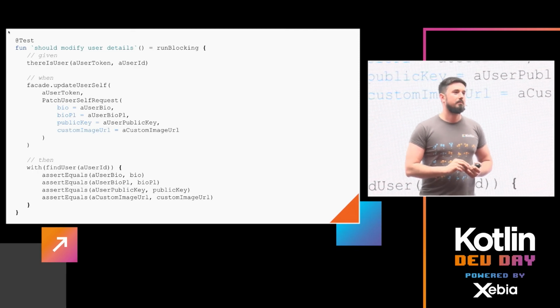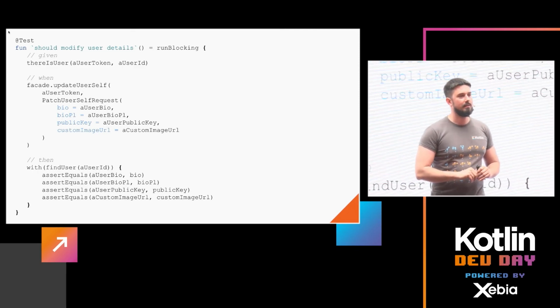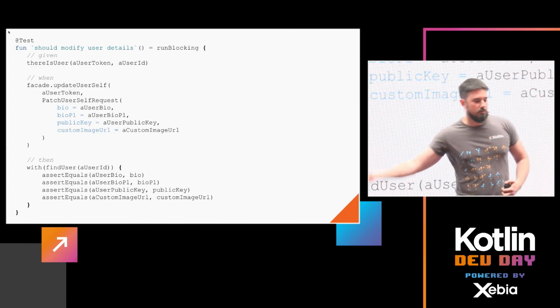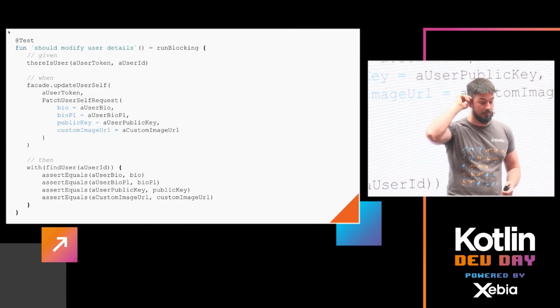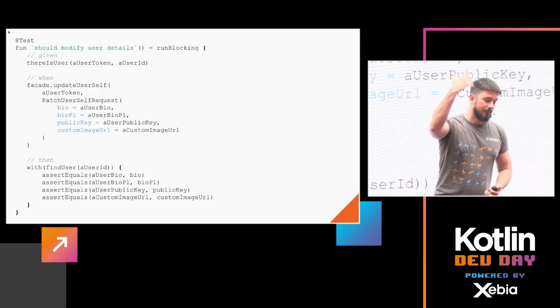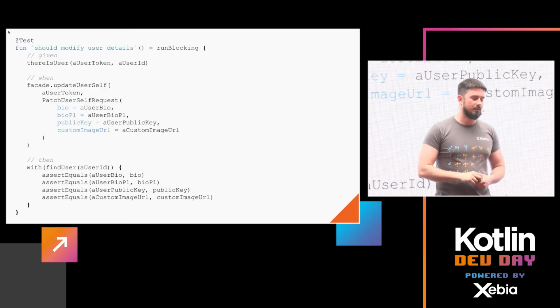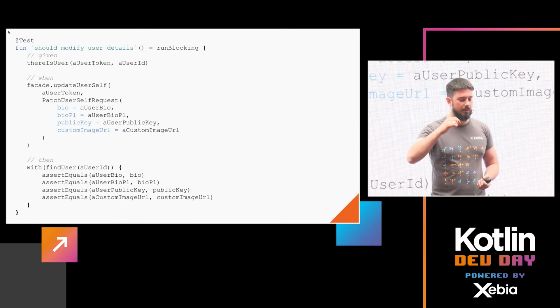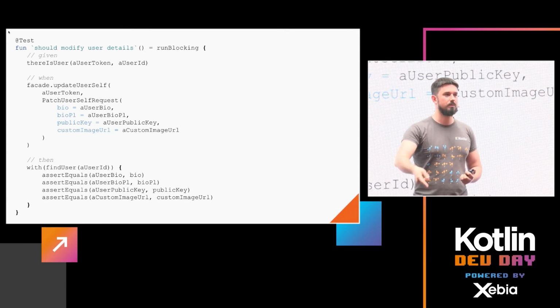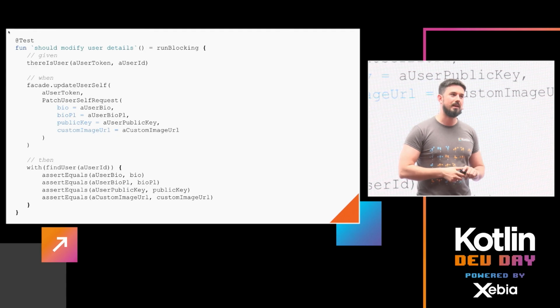And it turned out that everything runs on a single thread, and the cancellation could not happen because the thread was used by another coroutine. And then we figured out, hey, run blocking is setting a dispatcher with the thread that run blocking has been started on. This is one of the things that are tricky about run blocking.